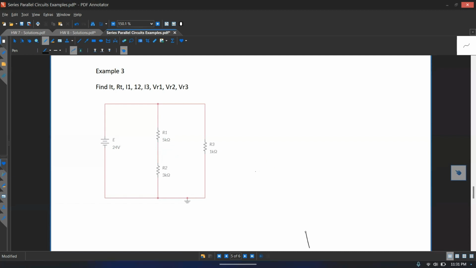So let's go ahead and do that first. Let's add R1 and R2 in series and redraw the circuit.